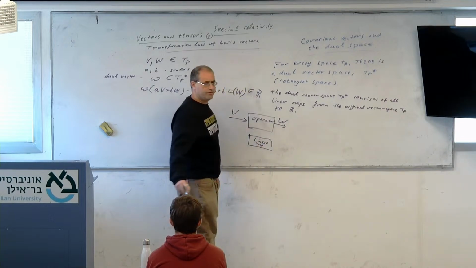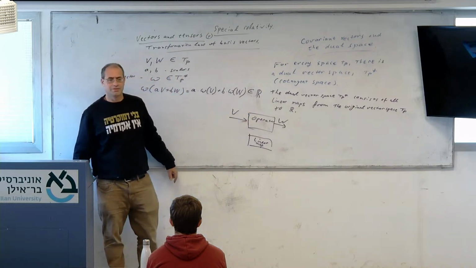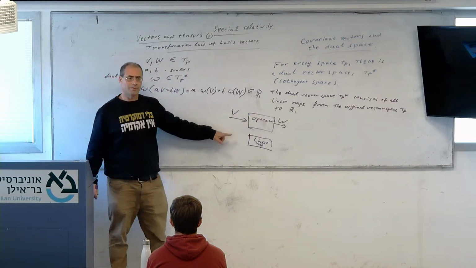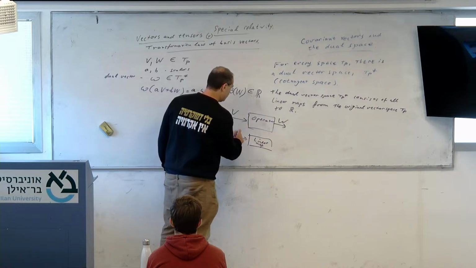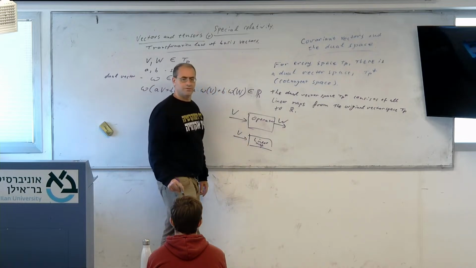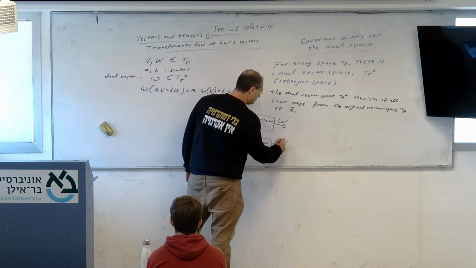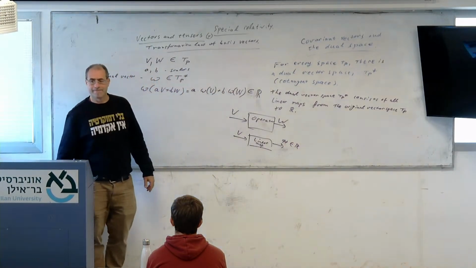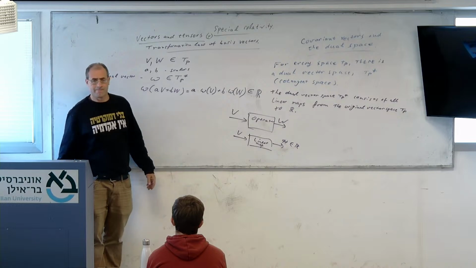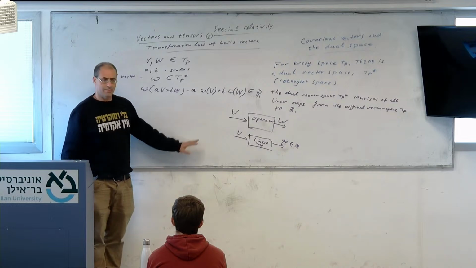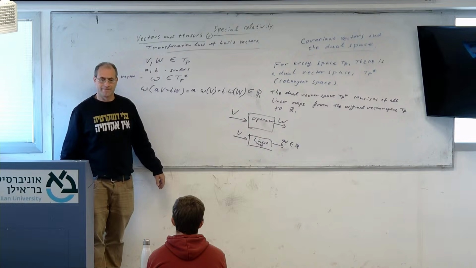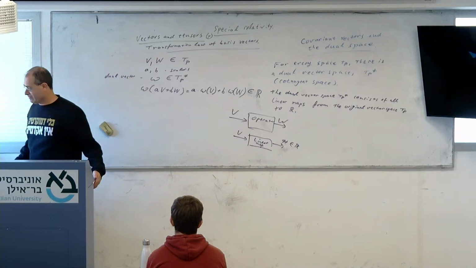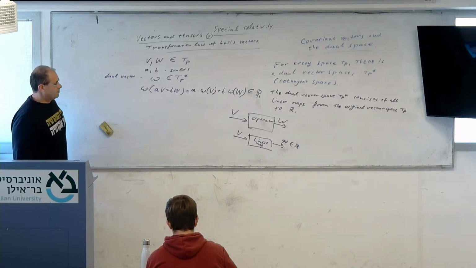That's why I'm surprised. If you've seen operators, then why didn't you see dual space? A linear mapping gets a vector in, and out I get a number, which belongs to R. Same thing. Simpler, actually.